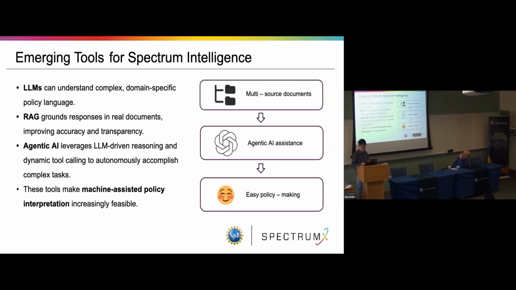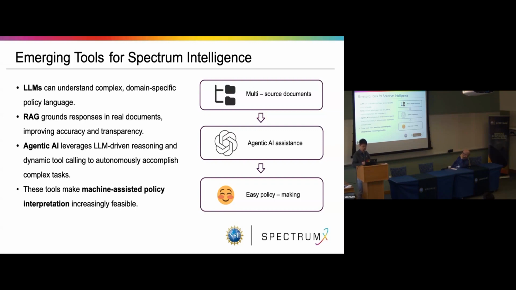To solve this problem, obviously, LLMs can understand complex domain-specific policy languages. Also, RAG gives us a tool to search these documents, to improve accuracy and transparency. This is in addition to the pre-training of the language model; we want to augment it with this additional documentation.